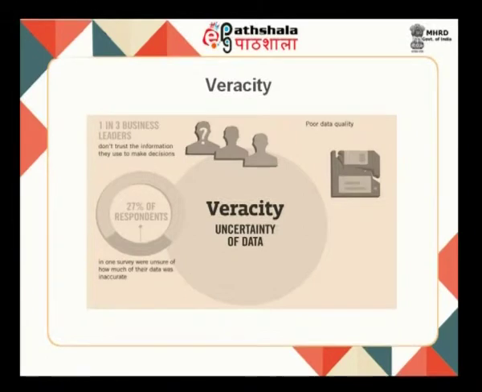The last V is veracity. Veracity is fundamentally uncertainty related with the data. Why there is uncertainty is when we are dealing with or collecting raw data from the real world environment. In the initial part of this particular session, I mentioned the raw data that we collect basically has a lot of unclean information or unclean data.